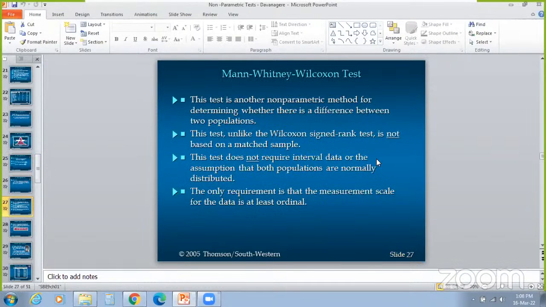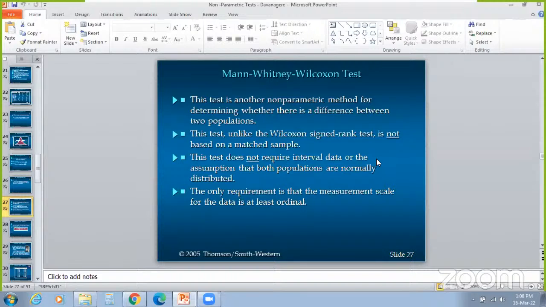And the Mann-Whitney-Wilcoxon test is also a non-parametric test, but this test is used to identify the difference between two populations, whereas the earlier one was also used for two populations for the matched pair.